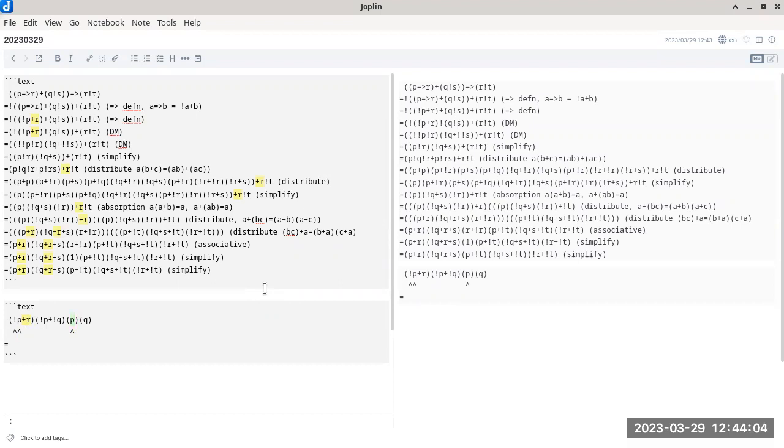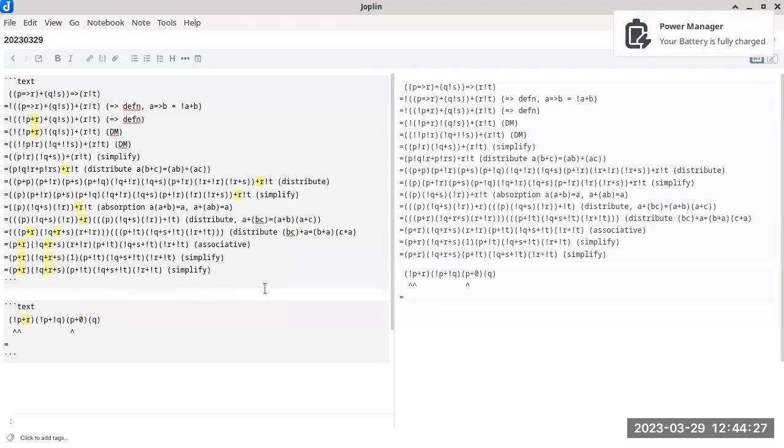So what is the cheapest way to turn it into a disjunction without changing the value of the original expression? P or false, because anything or false is the original thing. So are you happy here now? You're looking at this like, oh, okay, so it is a disjunction, right?